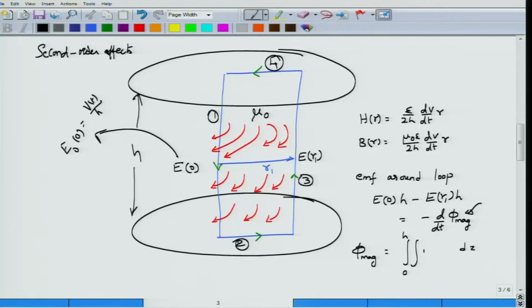So, put down the magnetic flux density mu 0 epsilon r by 2h and then dV by dt. Everything is a constant, so you can easily move everything out, but you have r here as part of the magnetic flux density itself. Since you are considering r and z, the loop area element would be r dr.